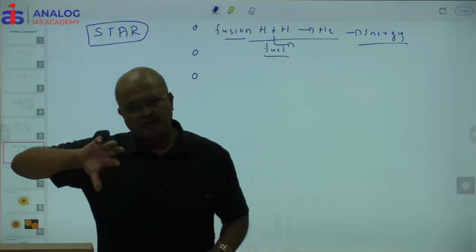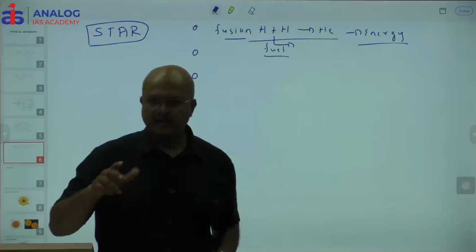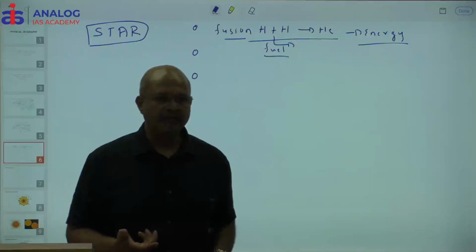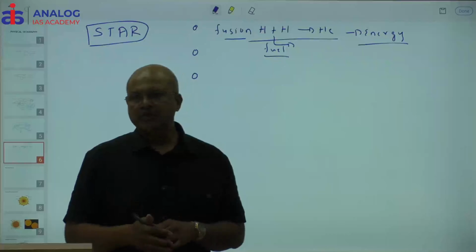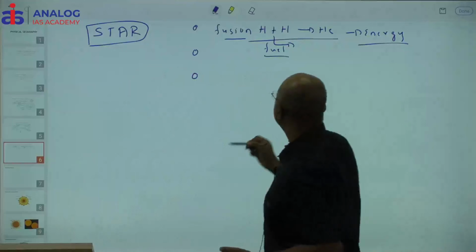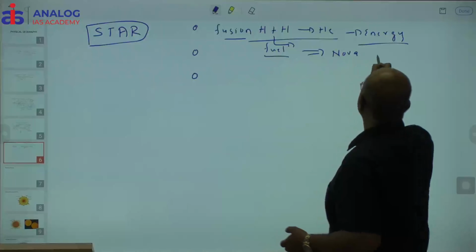Now when the complete fuel ends up in the stars, that is called death, and this death of a star is not a normal one. We refer to that process as supernova, or explosion. So the death of a star in general we refer to as nova or supernova.